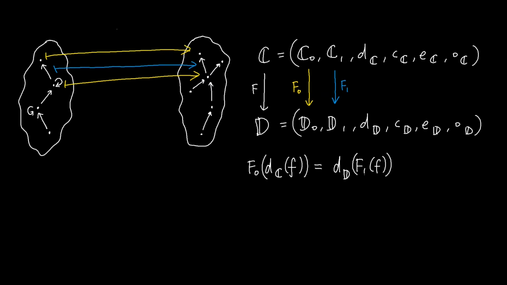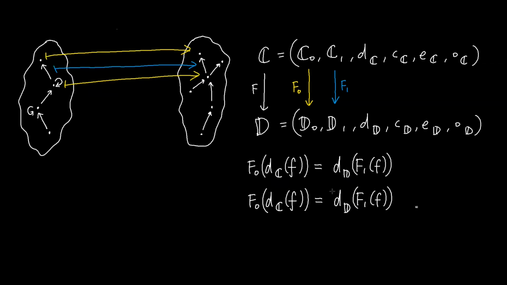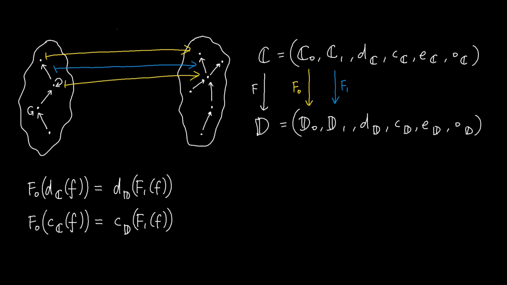And similar equalities will be written out for the other pieces of structure of a category. So we have, in a similar way, exactly the same thing for the codomain function. So I'm just going to copy this and replace D with C. And we also have the same for the function that chooses identity morphism for every object.